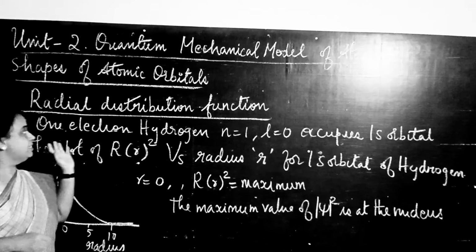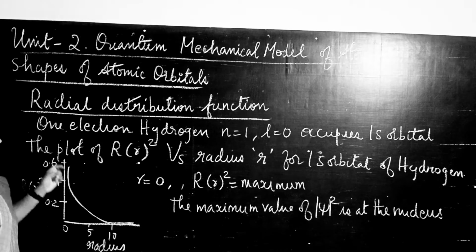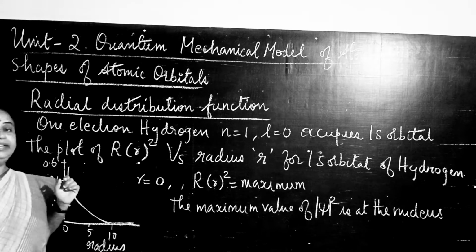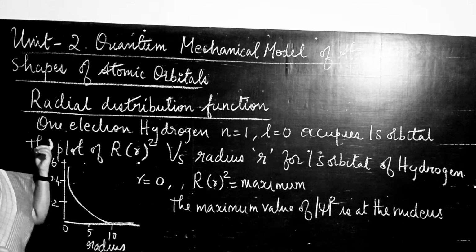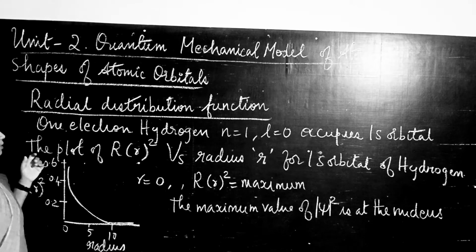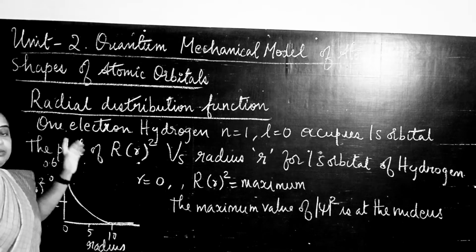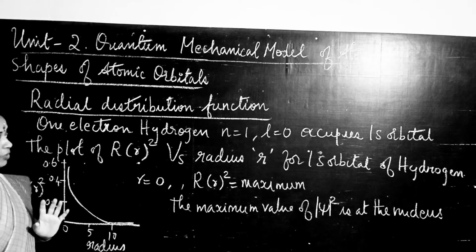Fine. Now let us study the radial distribution function with respect to the hydrogen atom. The hydrogen atom is a one-electron atom.